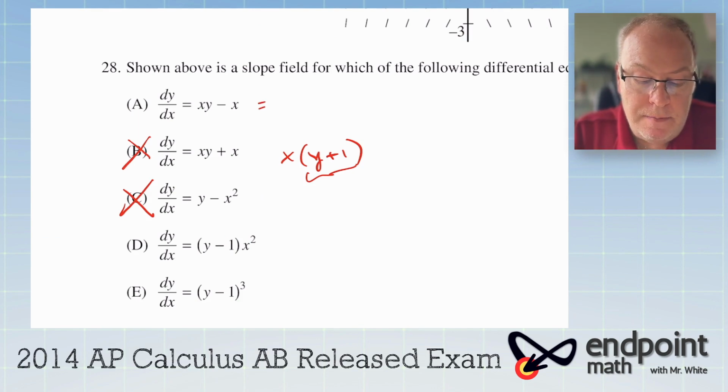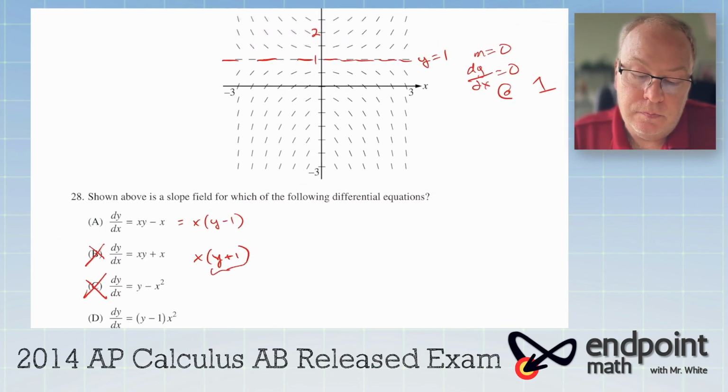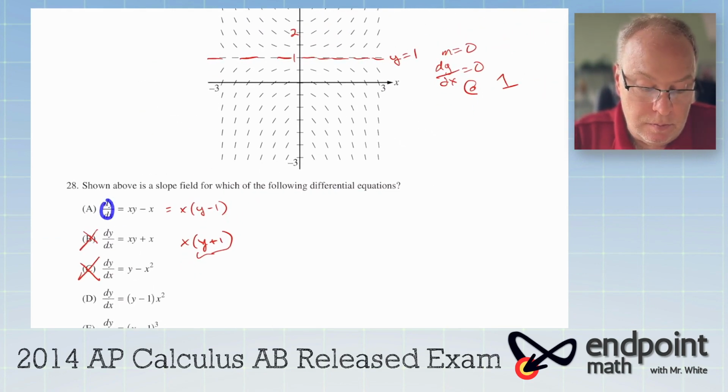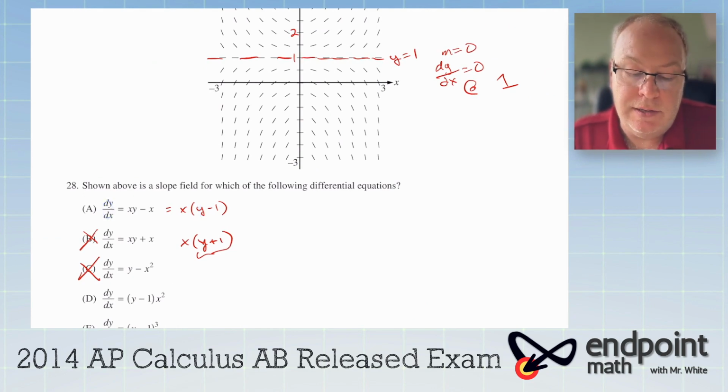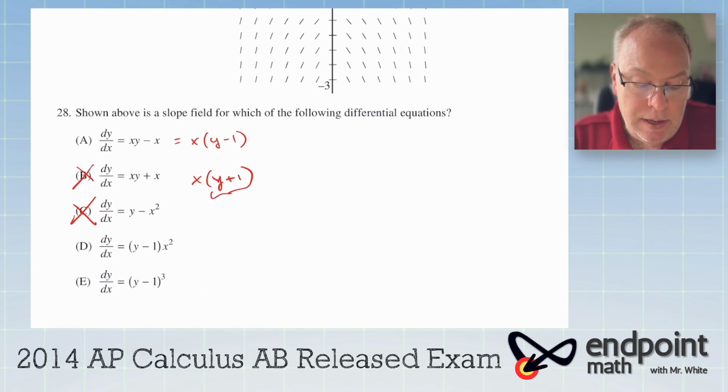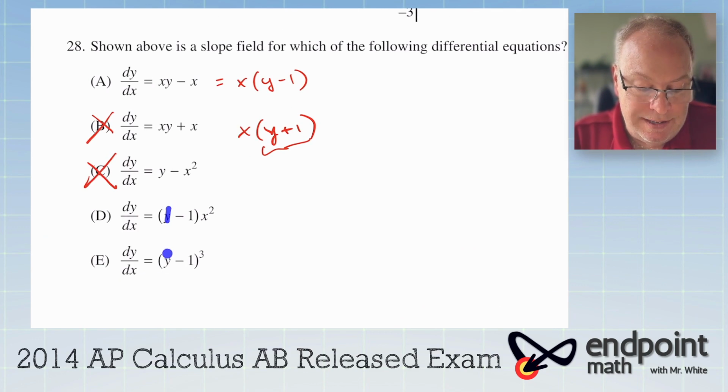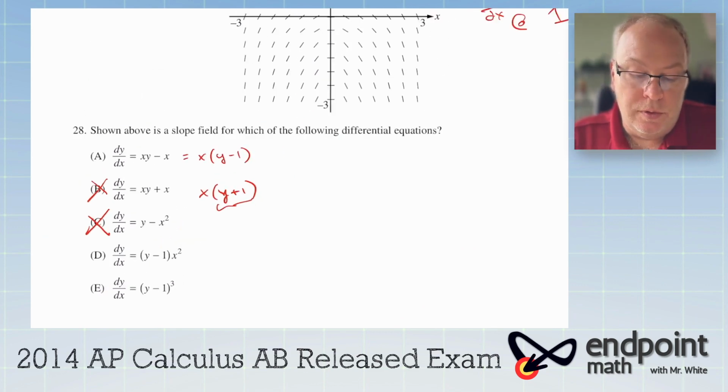Now up here, if I factor the x out, I get y minus 1. If you plug 1 in there, you get 0. So we can't rule A out. Same thing for D and E. We can't rule them out.